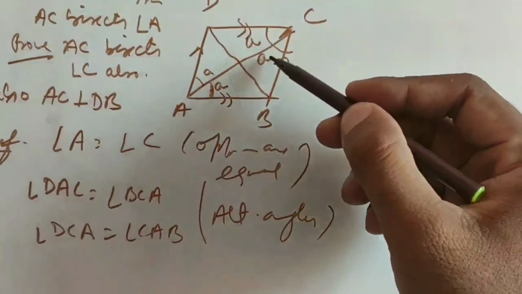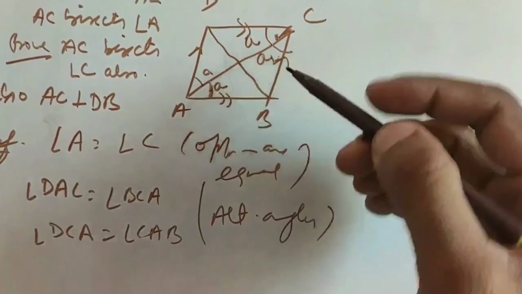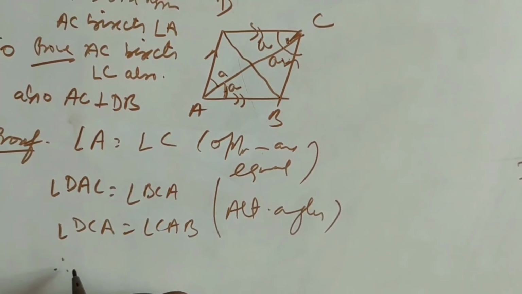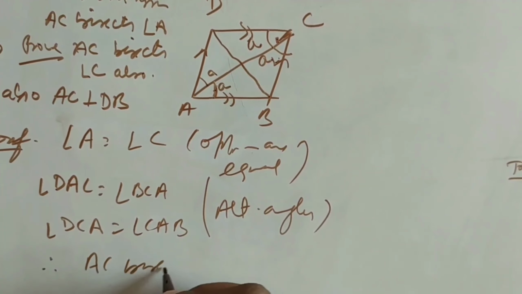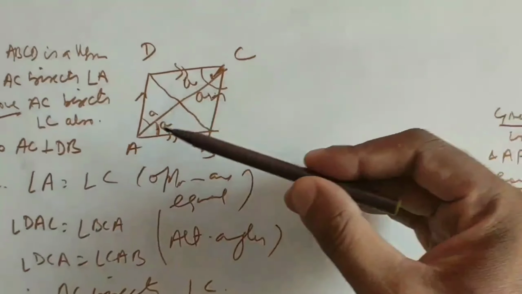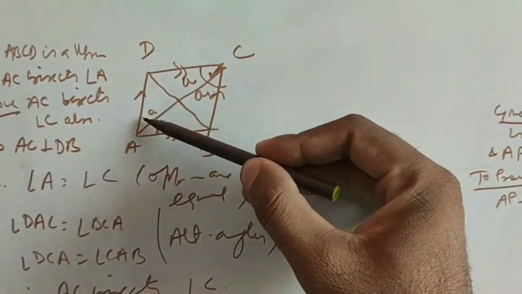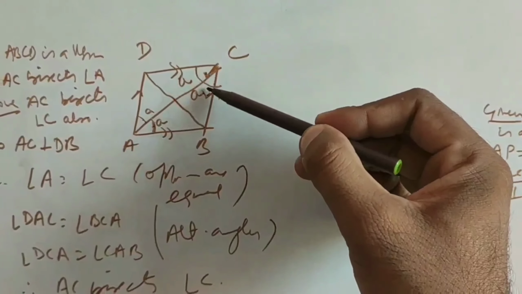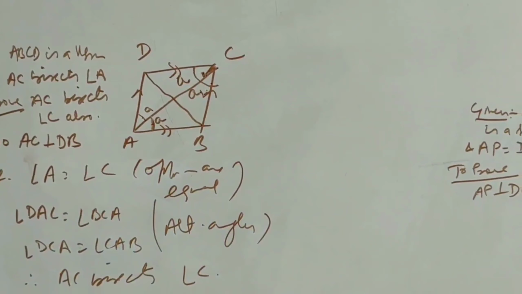So if these two are equal, it means AC bisects angle C, because this was A, and this angle is also A, so these two are equal. Therefore AC bisects angle A.